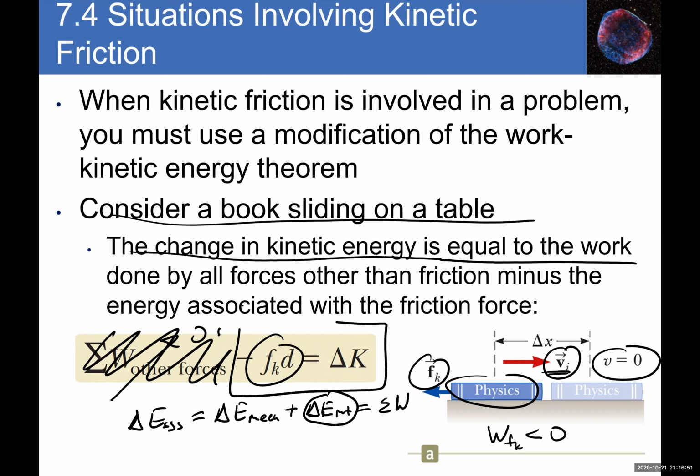So then you have negative f_k d equals delta K, which means work done by kinetic friction equals delta K, where this is basically a non-conservative force, and it actually changes the energy of the system.